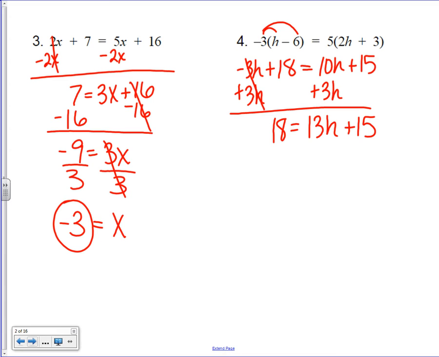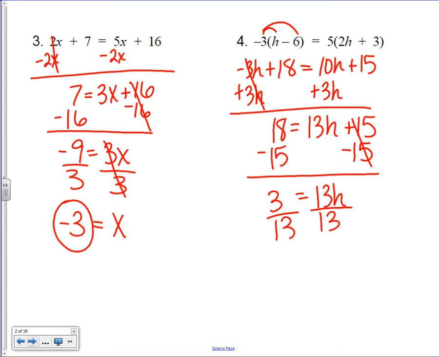Now we move what's farthest away from the variable on the same side, and isolate the h. When you divide 3 by 13, you're going to get a pretty ugly decimal, so just keep it as the fraction. Once you get that decimal on your calculator, you should know how to turn that into a fraction by now.